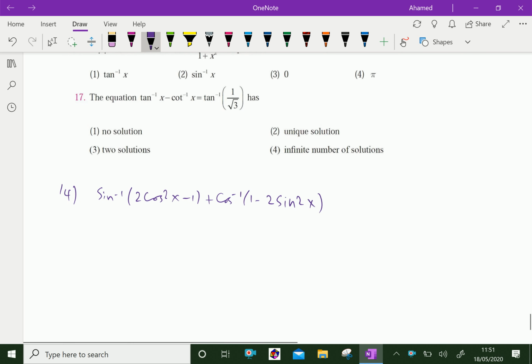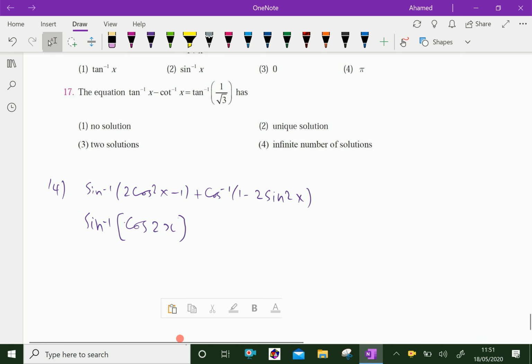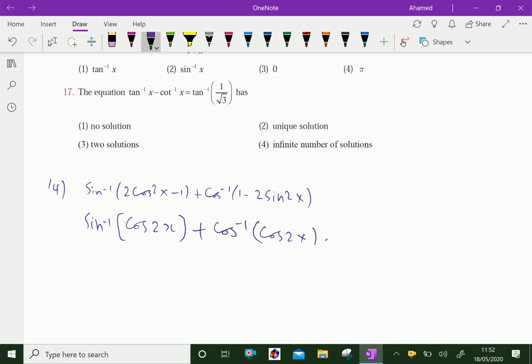Here, further, 2 cos squared x minus 1 is cos 2x, and 1 minus 2 sine squared x is also cos 2x.